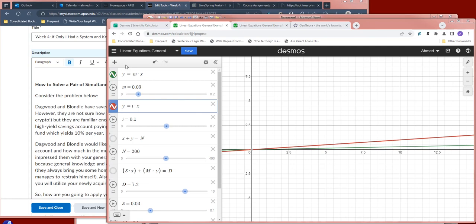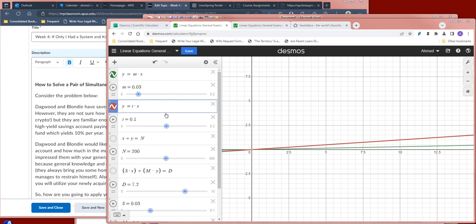Recall also that Y represents the amount that is earned on the deposit X with the given interest rate M. So when we want to earn $7,000 total, we want to take the Y value from the first line representing the first investment and the Y value from the second line representing the second investment and add them together, right? So if I can add the two lines together, the Y values together, that'd be great.